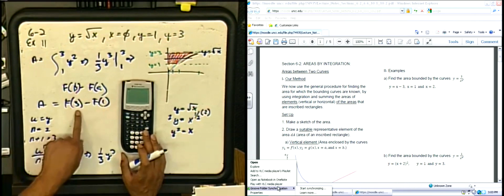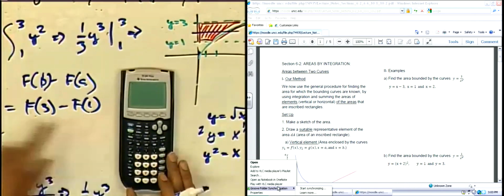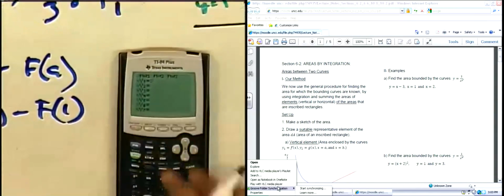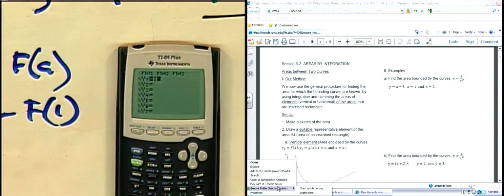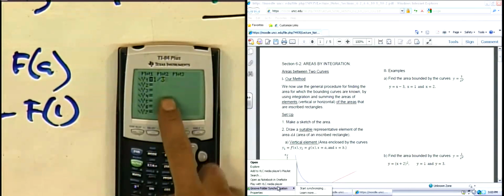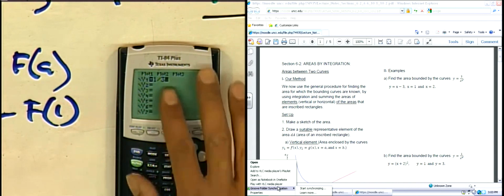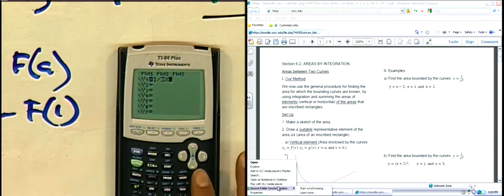Plug the upper limit and lower limit into the antiderivative function you got, which is 1 over 3 y cubed. For this purpose, you're just plugging it into the function to get a value. So you can still plug in x for the y, because you just want to know what that value would be.